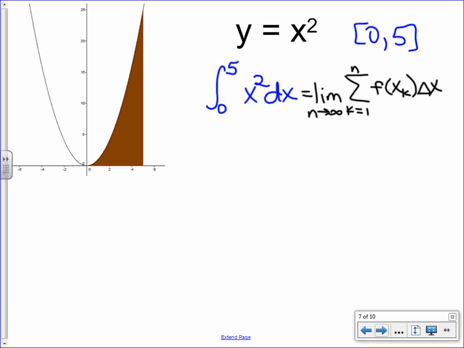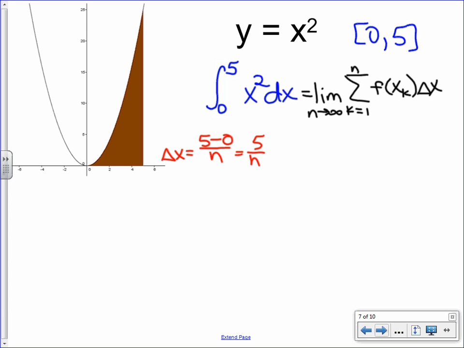How did we find delta x on our quiz yesterday? b minus a over n. And we're going to do n number of rectangles, so we're going to leave it as n. So delta x is 5 over n.